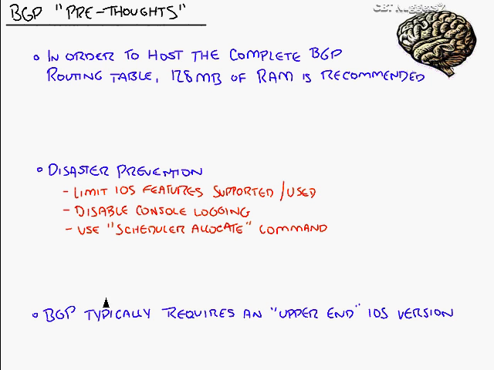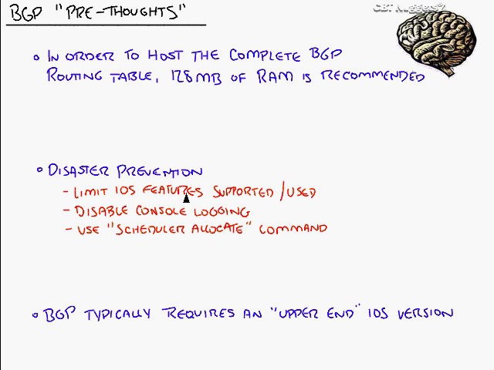For instance, I wrote down here, BGP typically requires upper-end IOS versions, meaning a lot of the time if you just get the standard IP version of the IOS, you're not going to have BGP in there. But with that in mind, there are lesser versions than the full enterprise or advanced enterprise subset of features. When you get one of those IOS versions, you're going to get the whole shebang of features, which, for me, a feature nut, I'm thinking, great, I've got everything.